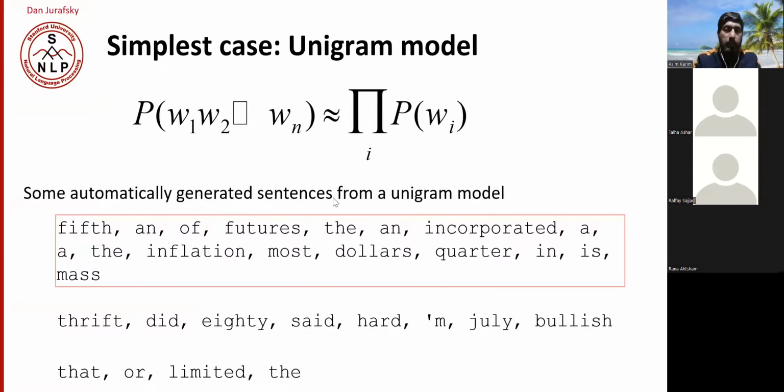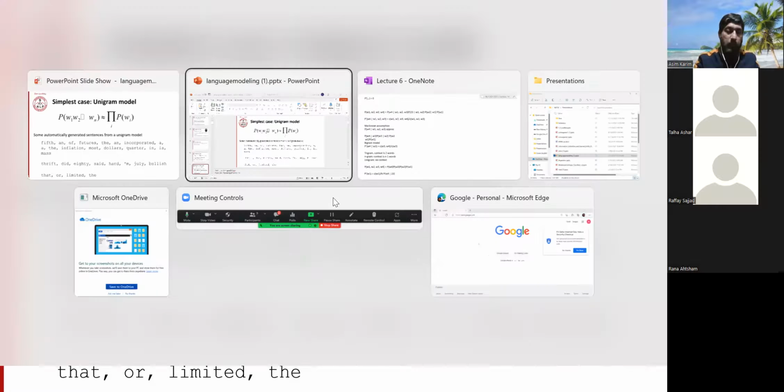So in this slide, you see that if you build a unigram model, meaning that you have a model in which you have estimated the probability of every word from a large corpus, and then you have used that model to generate text. No context basically means that you're not considering any preceding word.